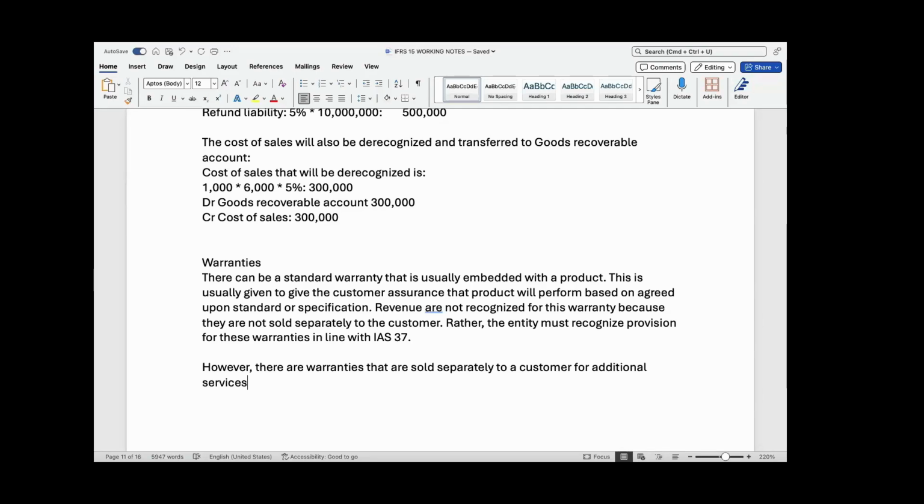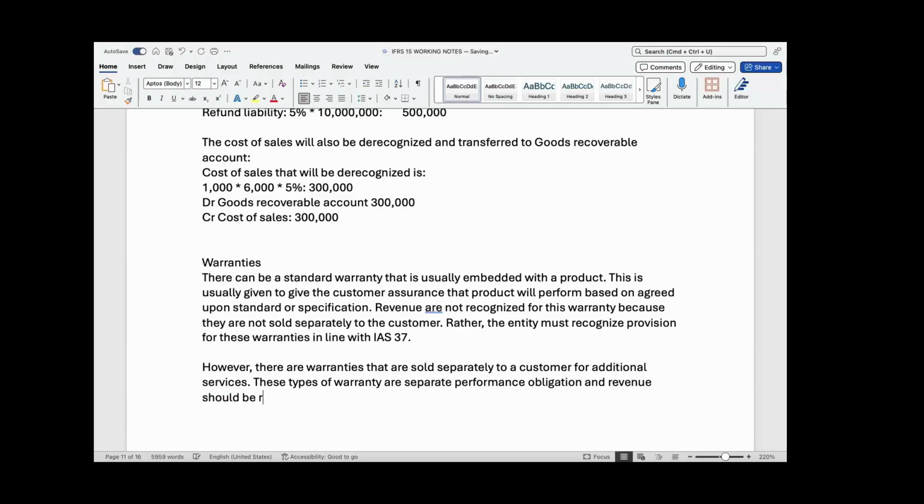After 1 year, if you still need this insurance, you would pay money. Those are extended warranties. Those ones they are now selling separately to the customer, right? So these types of warranty are separate performance obligations, and revenue should be recognized separately for them.